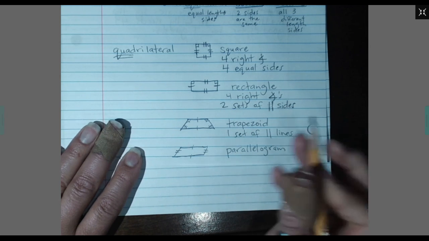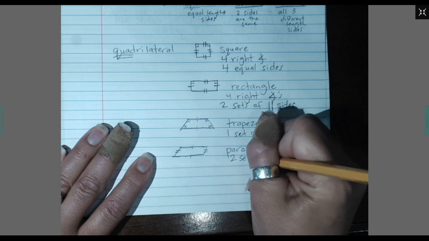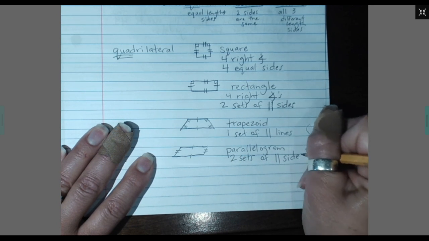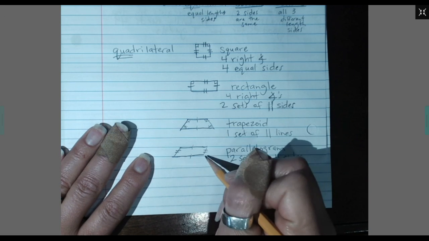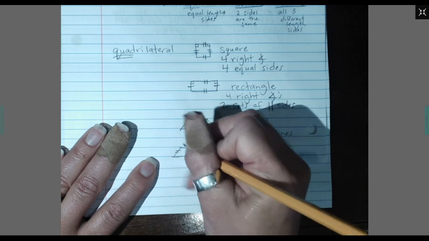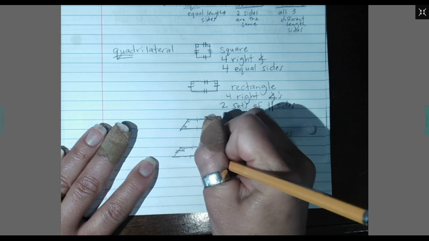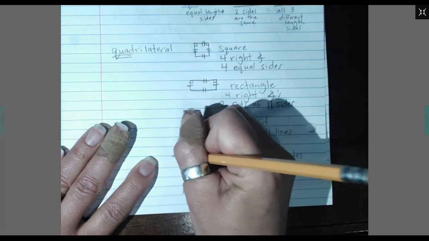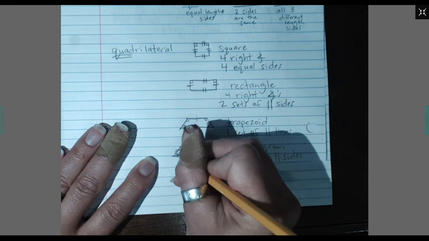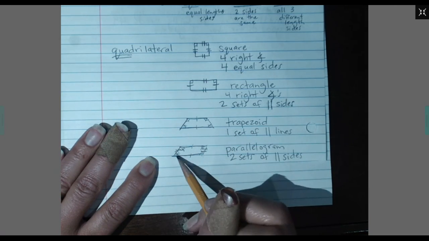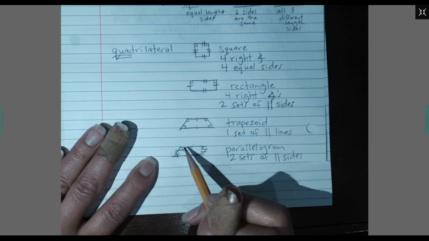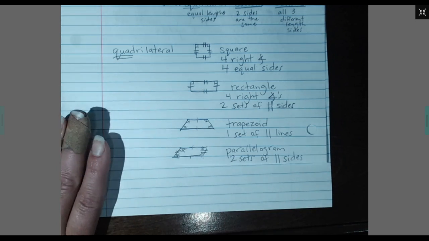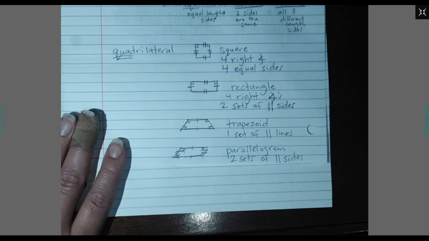So a parallelogram has two sets of parallel sides, and it also has two obtuse angles, which measure equivalent to each other, and two acute angles, which also measure equivalent to each other. But this time they are kitty corner. See that? They're across from each other, whereas these were right next to each other. So those are all quadrilaterals.